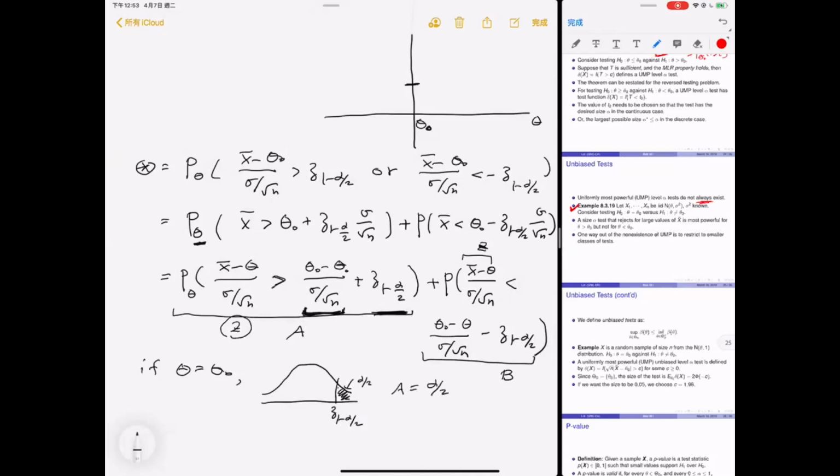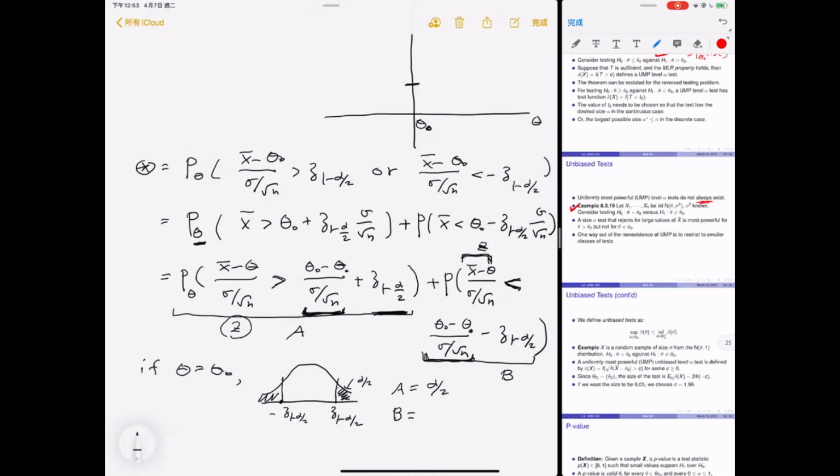How about B? Again, this is Z, normal 0, 1. You plug in theta naught right here. The first one is 0. Then smaller than minus z of power 2 right here. Again, left-hand side smaller.